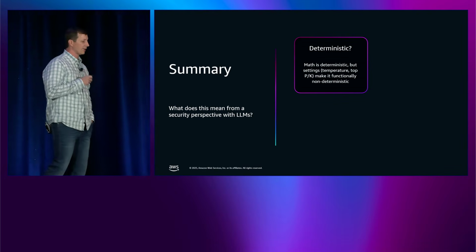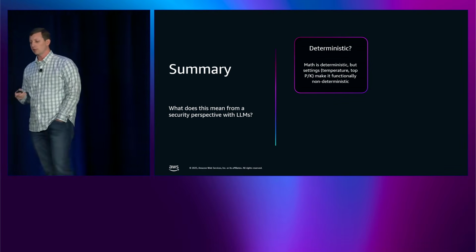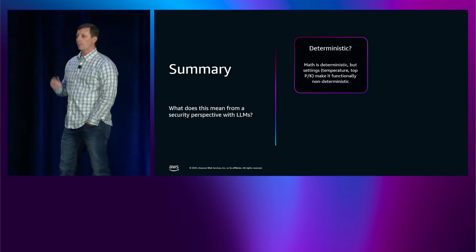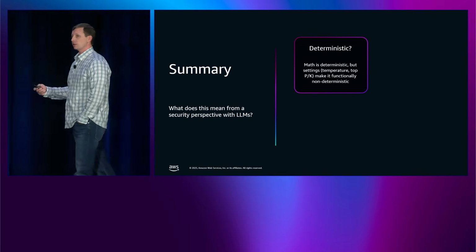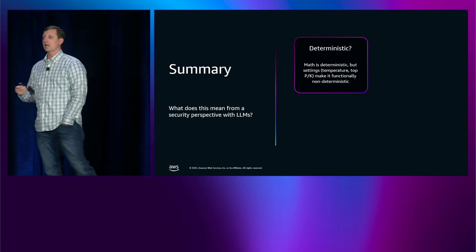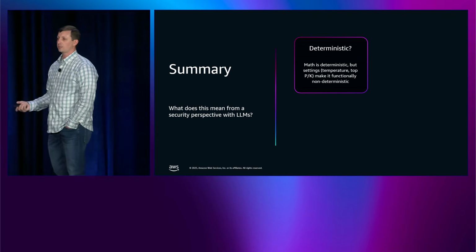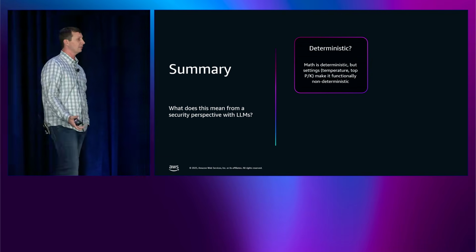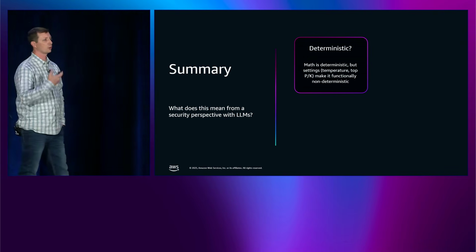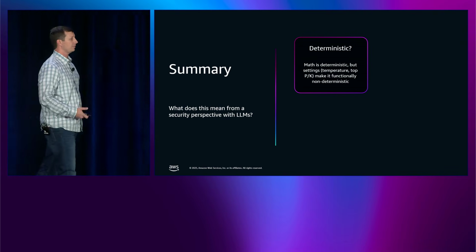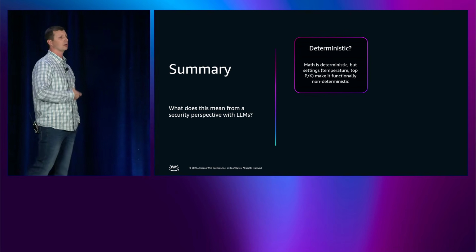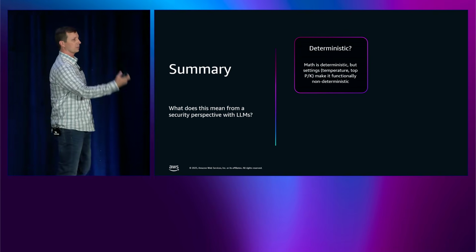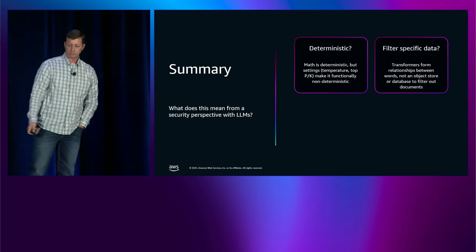And we say it as functionally non-deterministic because the math with matrix multiplication is deterministic. What's not deterministic is the types of hyperparameters that you can use. So if you use a temperature of 0.5, then it can be more creative compared to if you set the temperature to 0. And so it's not going to predict the most probable token every time, all right?